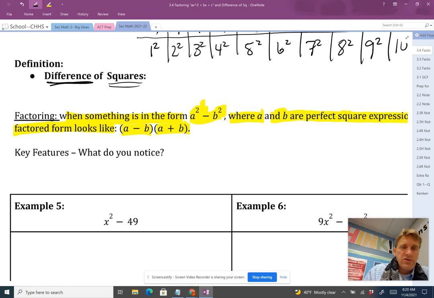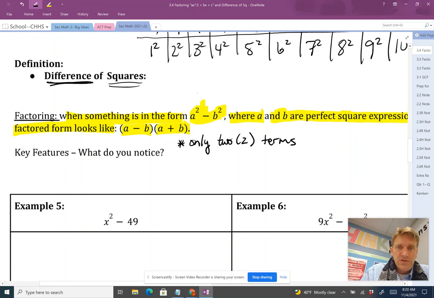So what are some things that you should notice about this? 1, only 2 terms. It's just 1, 2.